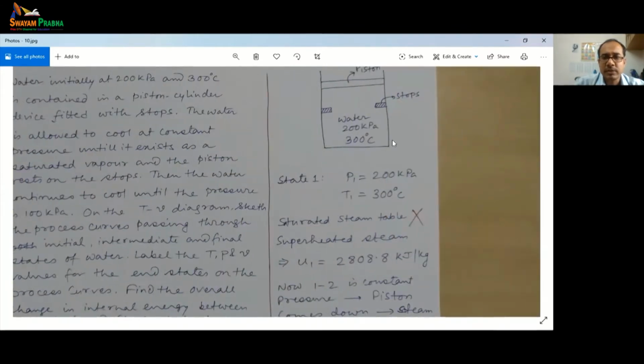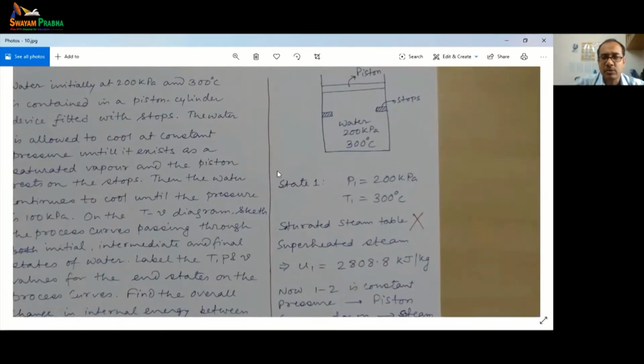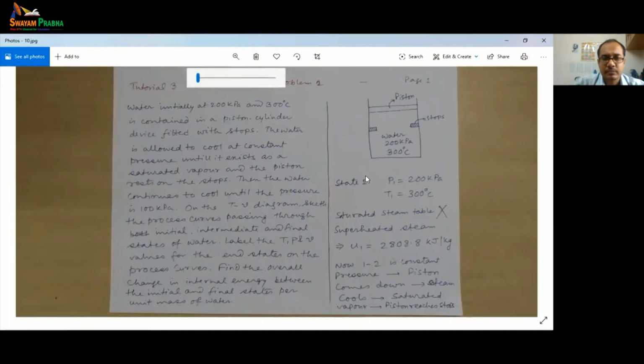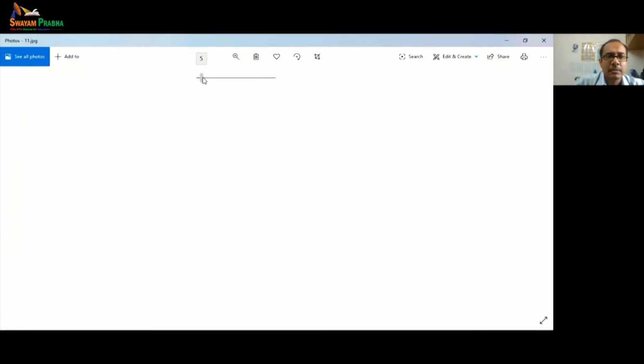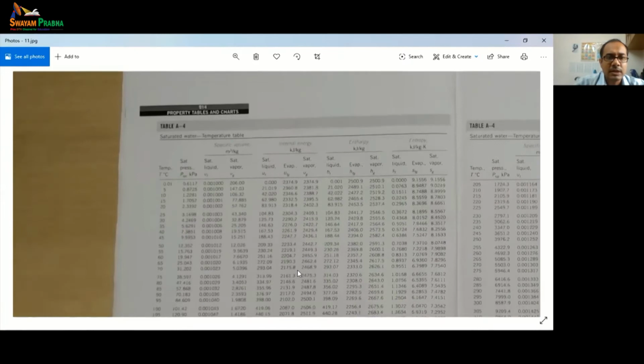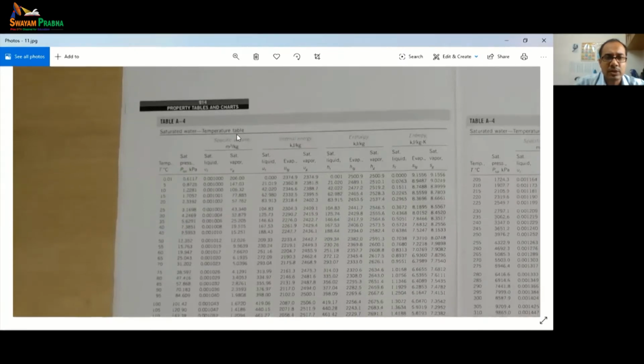So first thing first, let's see what is state 1. State 1, 200 kPa, 300 degrees centigrade. Let's look at where we find this state. Okay, 200 kPa, 300 degrees centigrade. So if we look at the saturated water table, you see table A4, this is the saturated water temperature table.